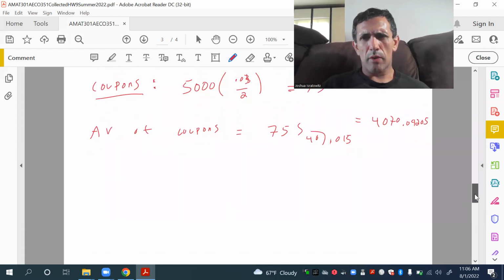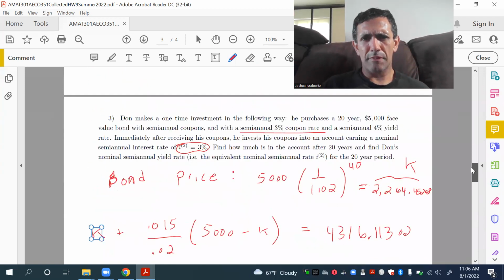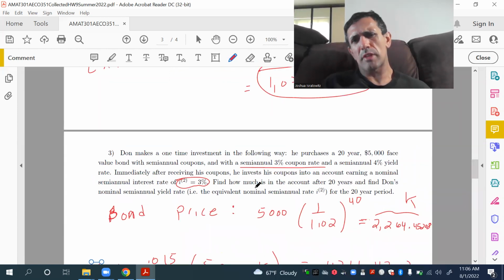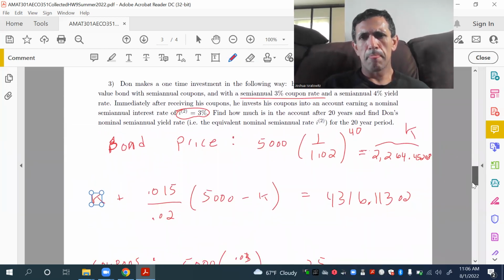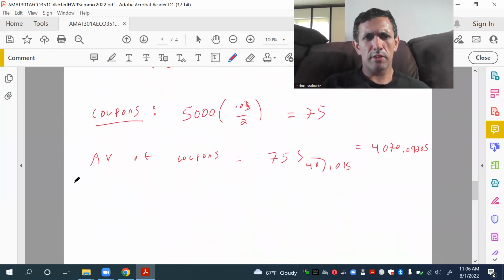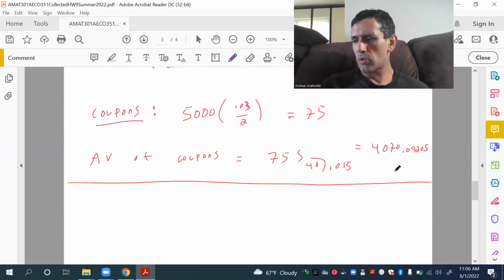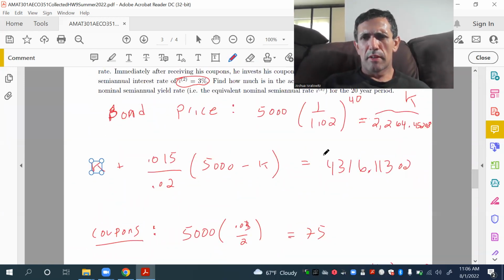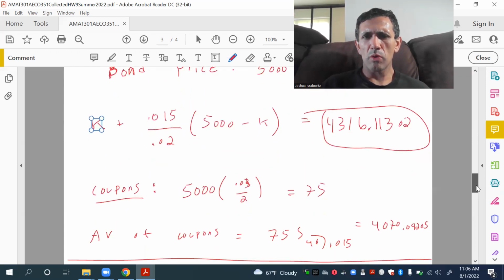Okay, so now we're almost done. We want to figure out what Don's semi-annual equivalent nominal rate is for this investment. Just to make sure we're all on the same page, this investment works as follows. Don shells out 4316.11 to purchase this bond. What does he get back?